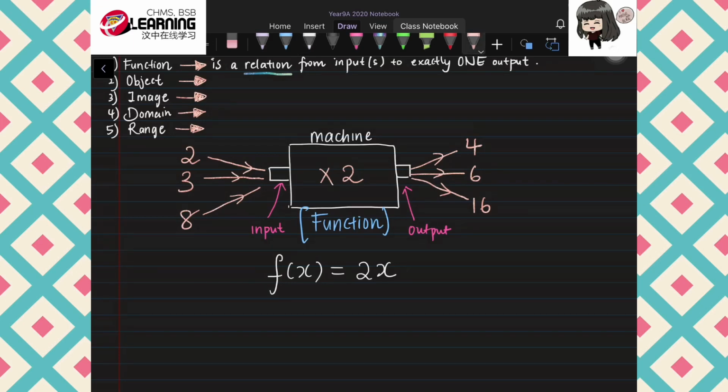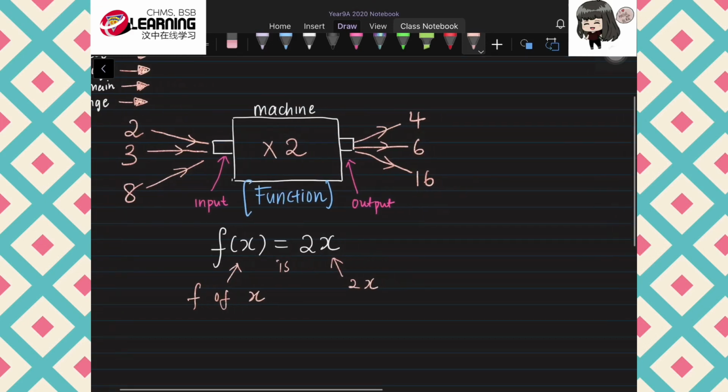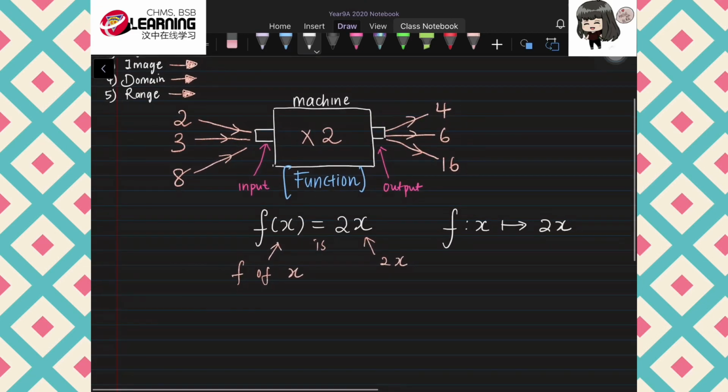We read this as f of x is equal to 2x. Or it can be written in this form: f, x with an arrow, 2x, which is basically the same thing as f of x is 2x.